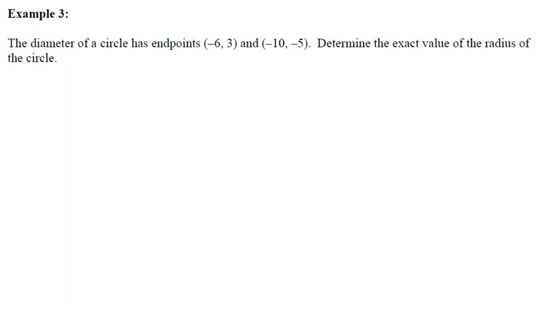So what are we finding? The distance. Find the distance between the 2 points, which is the diameter. And then divide by 2 to get the radius, right. Brilliant. Okay?